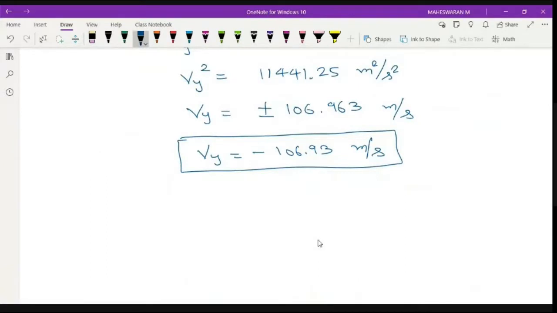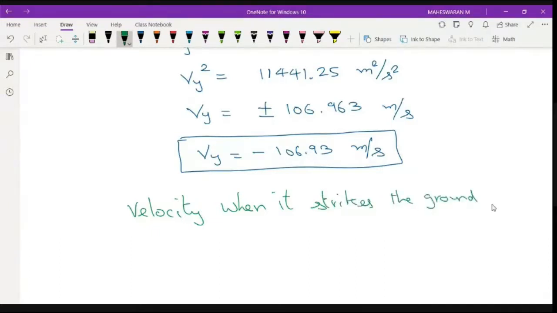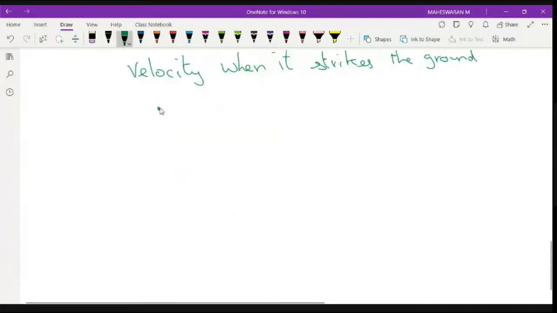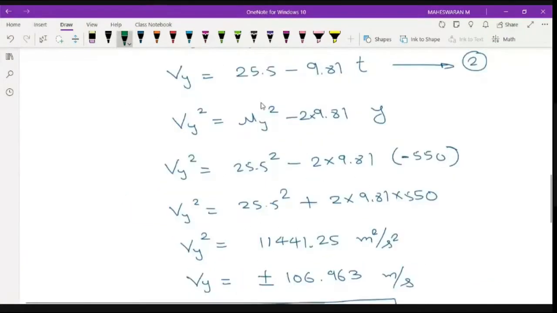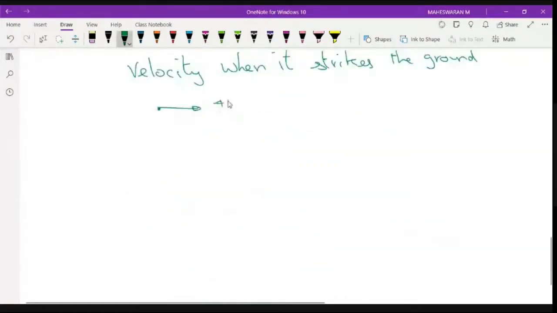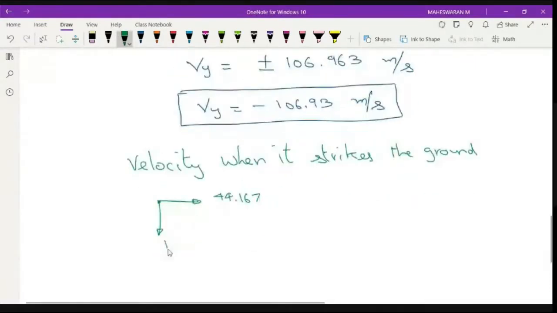So the velocity when it strikes the ground: in the x direction it is 44.167, and in the y direction, towards downward, it is 106.93.